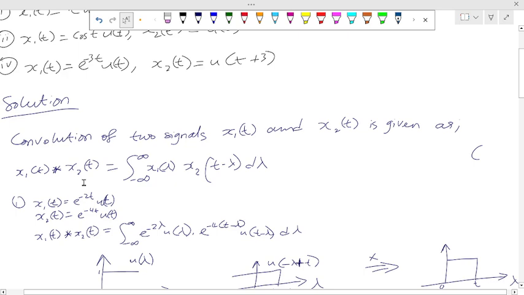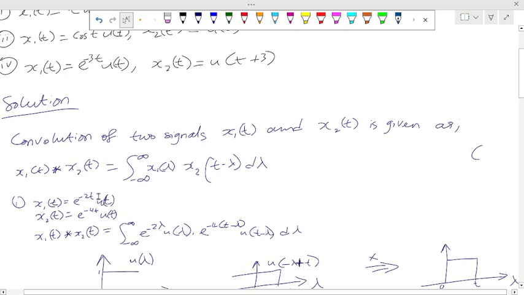Now x1 of t is this, and x2 of t is this value given. So when we say x1 convolved with x2, where we have x1, you put this value, e raised to power minus 2t u of t.